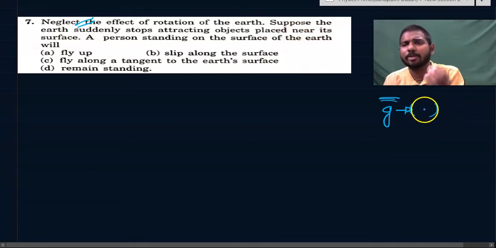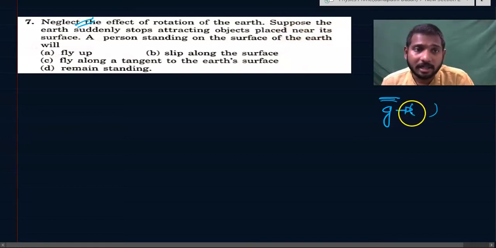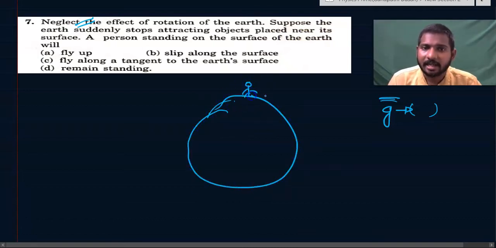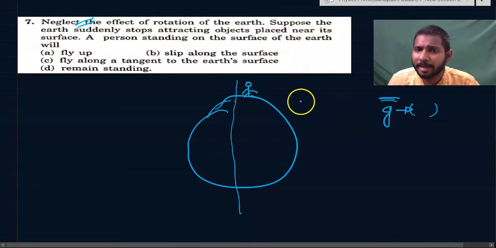Because of the earth's rotation there will be a change in g, which should be neglected with respect to the question given here. Suppose the earth suddenly stops attracting objects placed near it. That means the earth is not at all attracting the objects. Suddenly it stops. You are sitting here. Due to the earth's rotation there will be a component of gravitation which is not exactly equal to g.